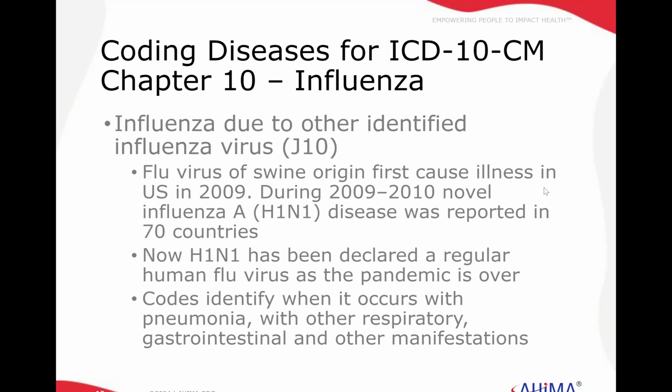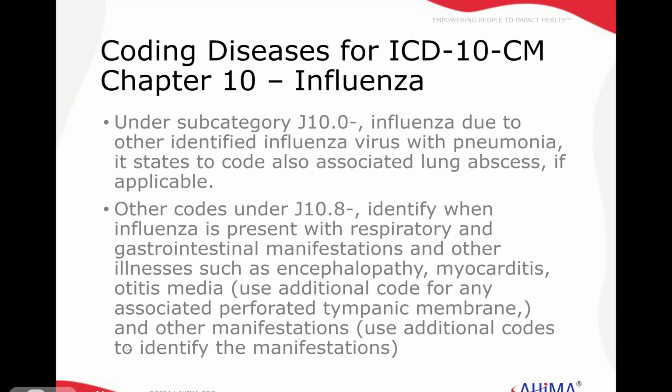Also, a lot of interest in the swine flu, right? The H1N1 and others. A lot of interest from the World Health Organization in tracking these swine flu, these H1N1 influenza viruses that are in code category J10. Under subcategory J10.0, we have other influenzas that are due to other viruses.